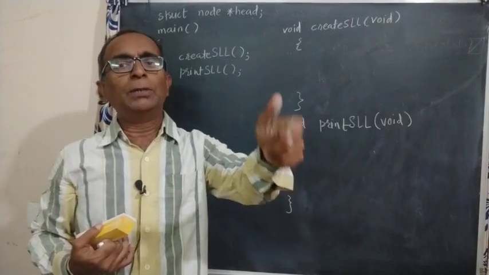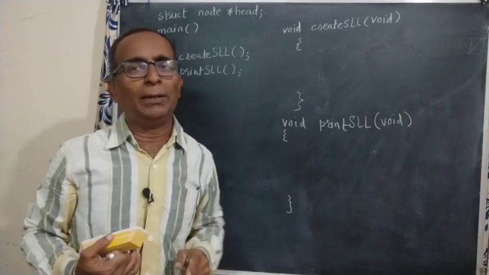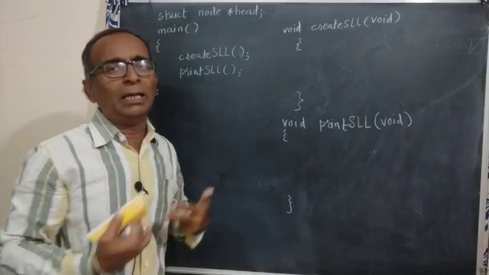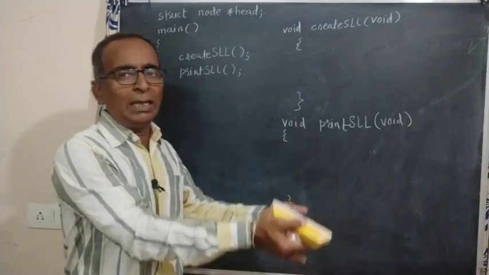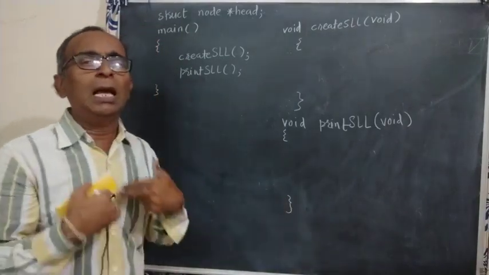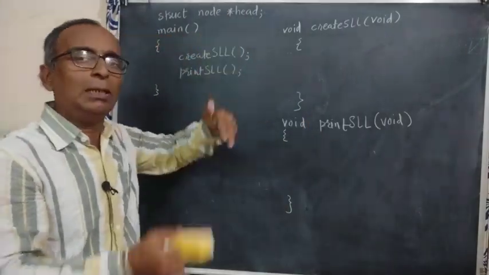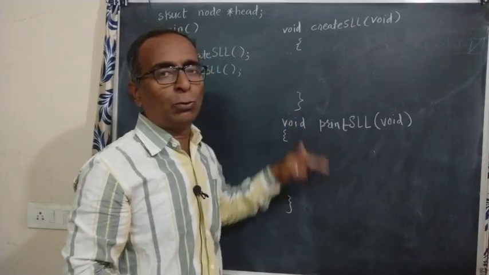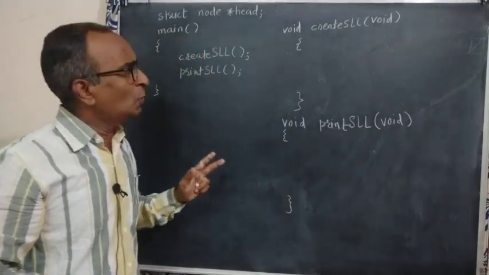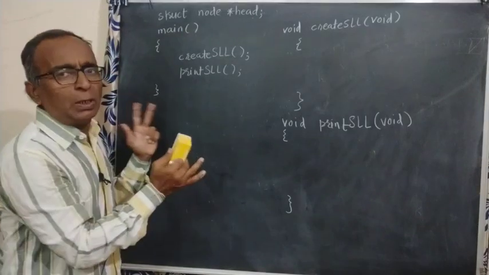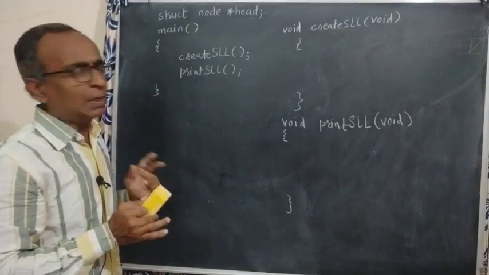So he'll print the list which is pointed to by head. I am not sending anything. I am not receiving anything from them. I am saying create linked list to the first person. I am saying print linked list to the second person. As I have taken global, that will be tackled by those 2 persons, right? So this is the way I want to write my program, right?